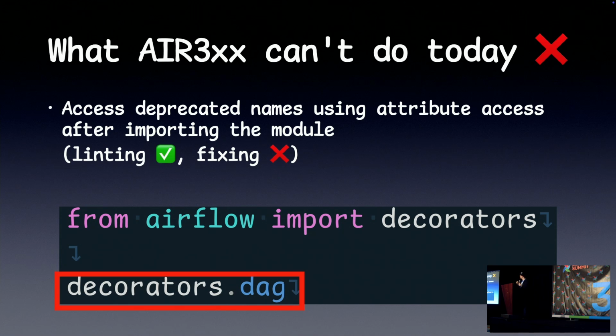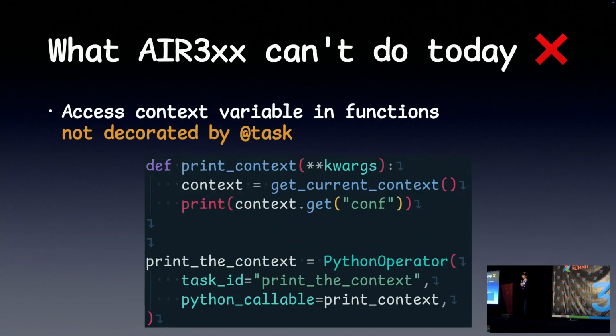It will, if my memory is right, fix it into just dag from airflow import sdk and dag. Then that will be an import error. It's a limitation for now, and we'll need extra effort to actually implement this part of the logic. But I think it's not as common as it should be, so I defer this one to the future.